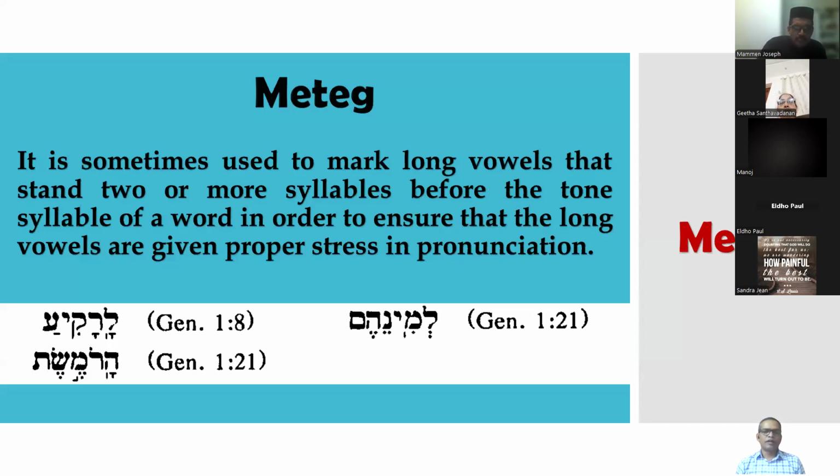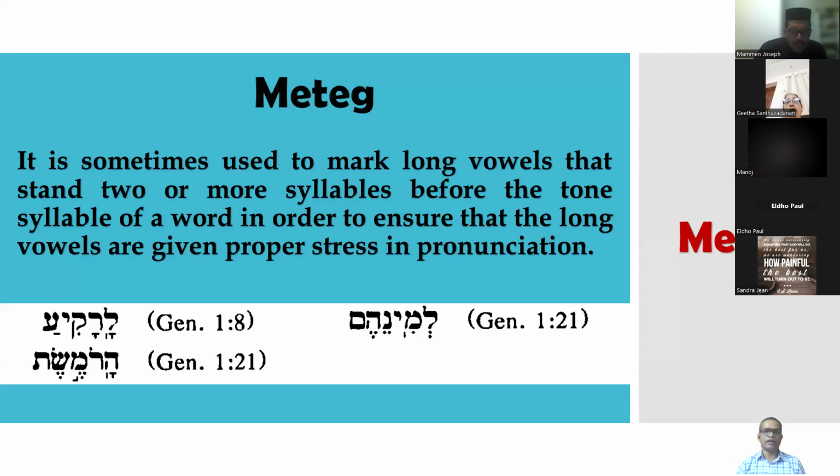So if methek is appearing with a long vowel, two or three syllables before the tone syllable, we need to understand that the Masoretes have mentioned methek along with the long vowel to ensure that stress will be given to that long vowel along with the tone syllable.